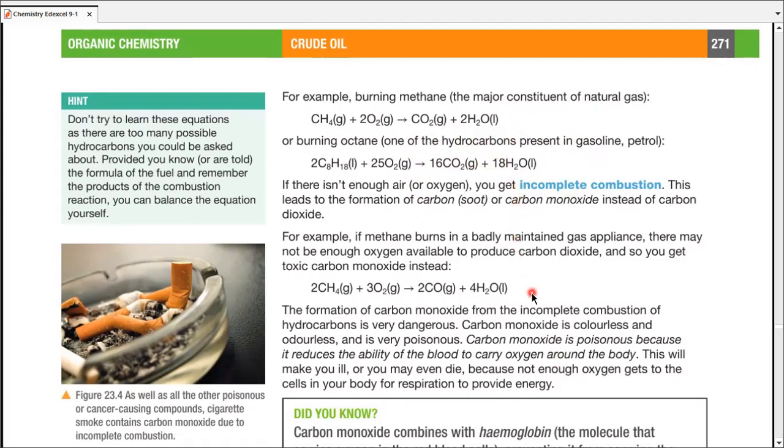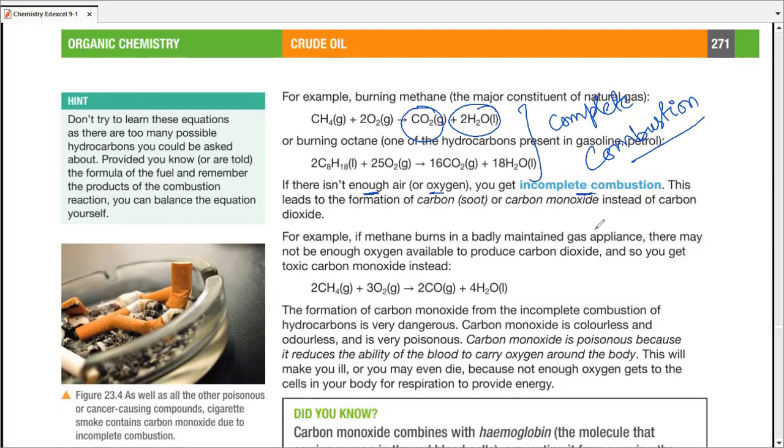But we need to understand one part: this kind of combustion, in which we are producing specifically carbon dioxide and water, we call complete combustion. In this combustion, the whole process completes since we have an excess amount of oxygen. But what if there isn't enough air or oxygen?